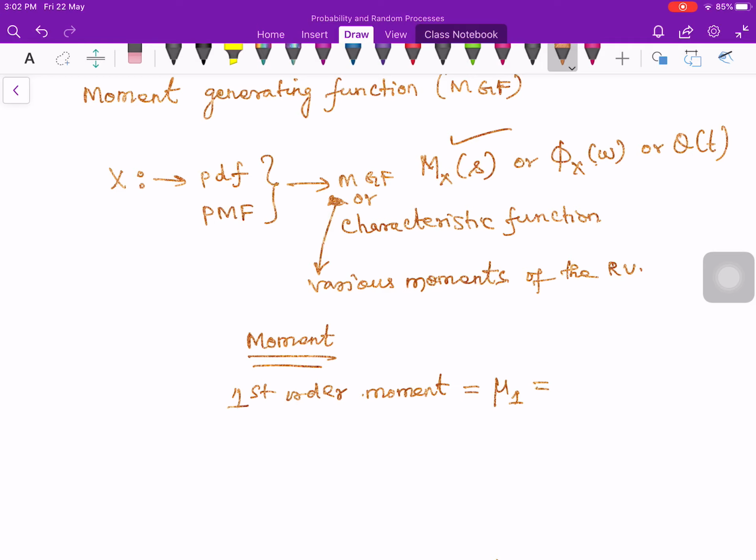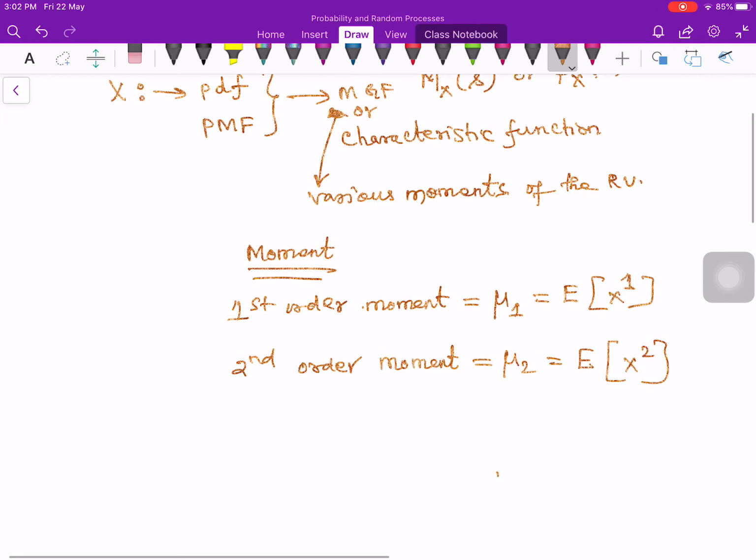It is defined by the expected value of x to the 1. And we have the second order moment, it is denoted by mu suffix 2. This is the expected value of x to the 2. Similarly, you can define the third order moment.